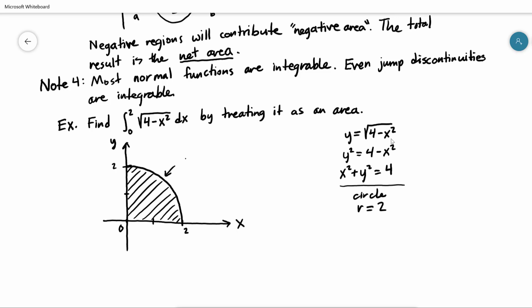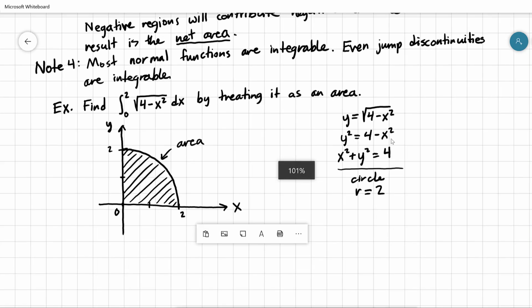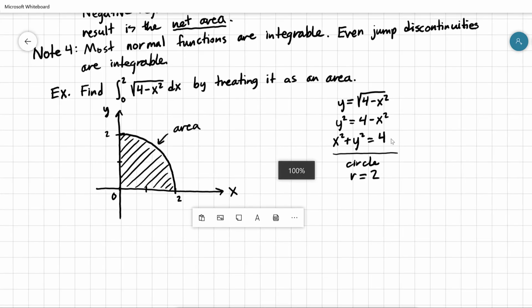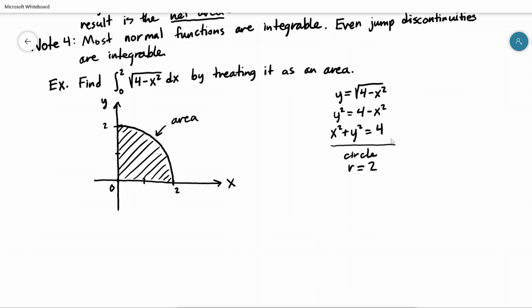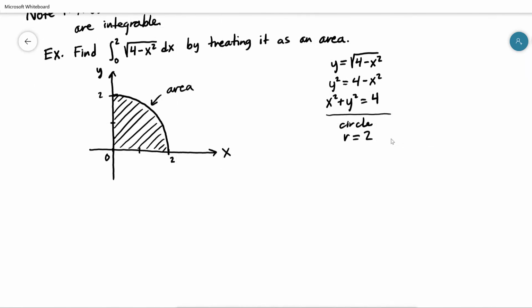So all we need to do then to find the answer to that integral is find the area. What is the area of, in this case, a quarter of a circle with a radius equal to 2? So that's all we need to find.